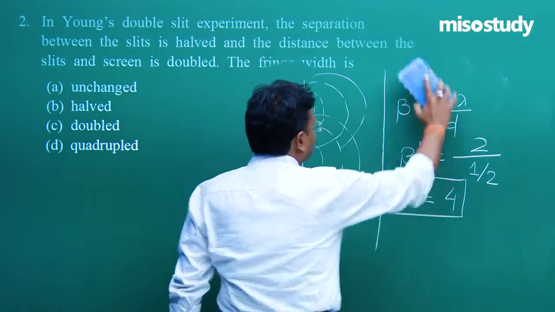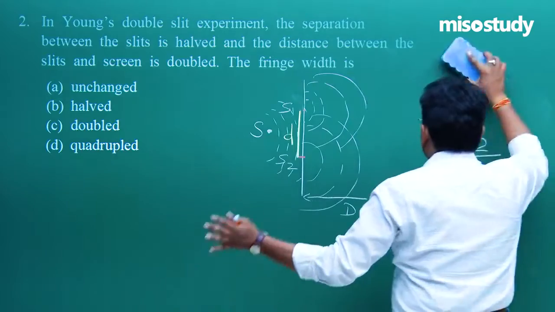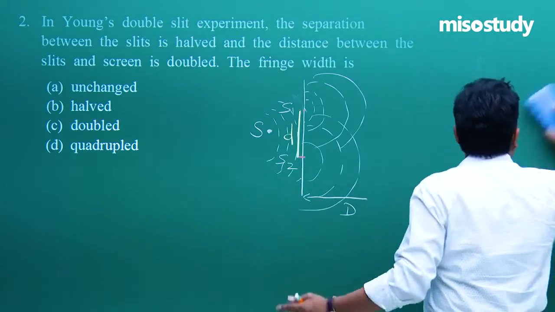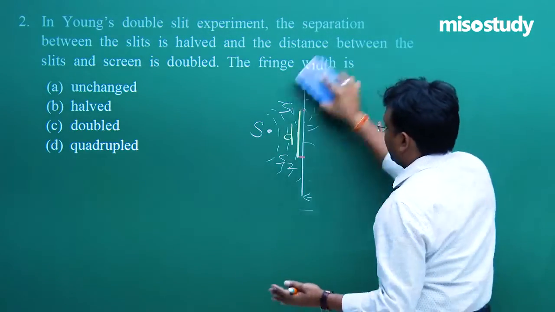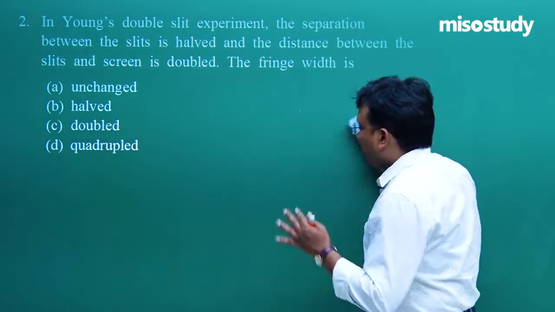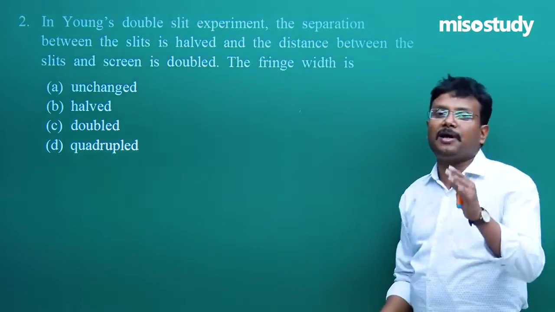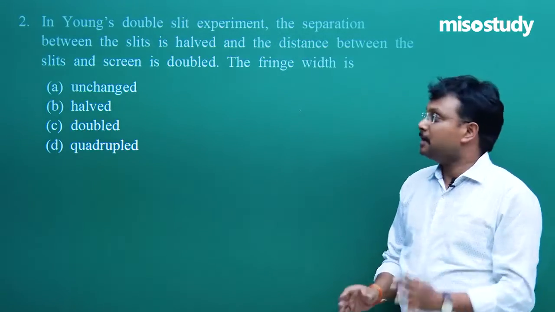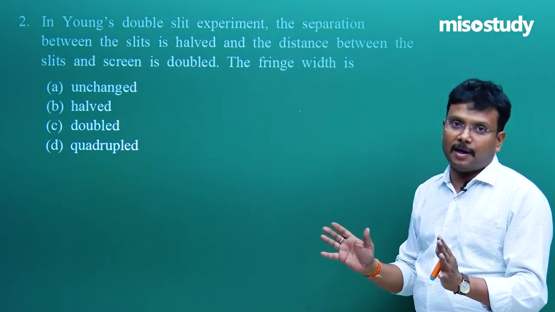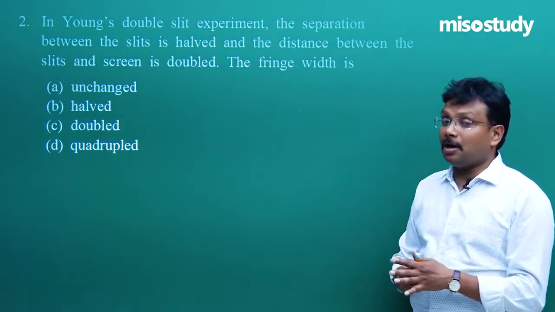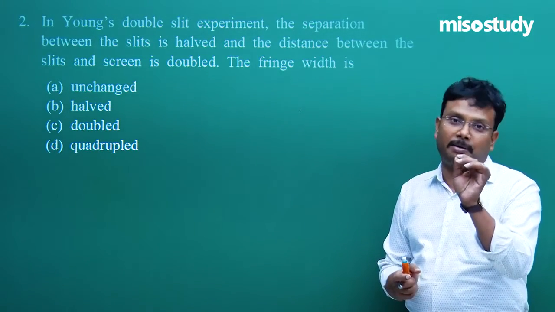If you attempt these problems in this fashion, at no point of time will you be confused. This is the approach for competitive exams. In the examination hall, you can't do any experiment.